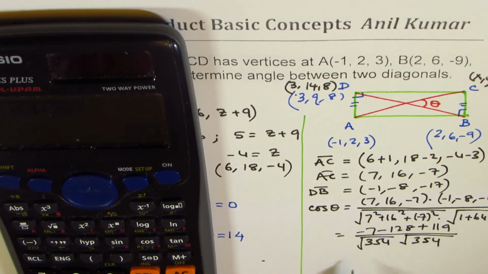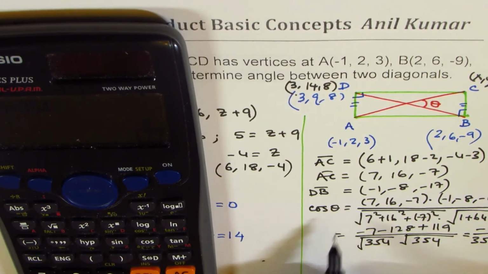So that is 354. Now 119 take away 7 take away 128 is minus 16, divided by 354, right? So we have 16 divided by 354, which is 8 over 177 anyway.